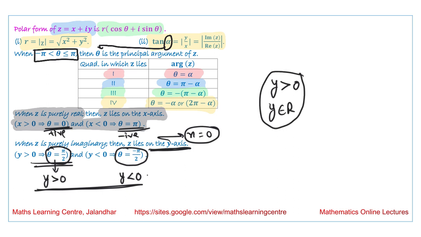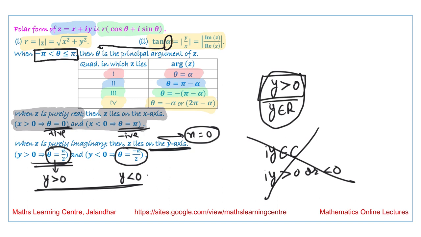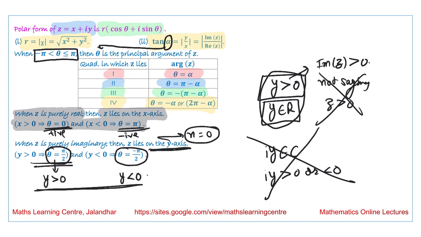But we have already seen that if I am talking about iota y, then this is a complex number, and I cannot talk about iota y is greater than 0 or less than 0. We do not have these kinds of ordering properties for complex numbers. So when we are writing y is greater than 0, basically we are saying that the imaginary part of z is greater than 0. We are not saying that z is greater than 0. This thing is wrong.